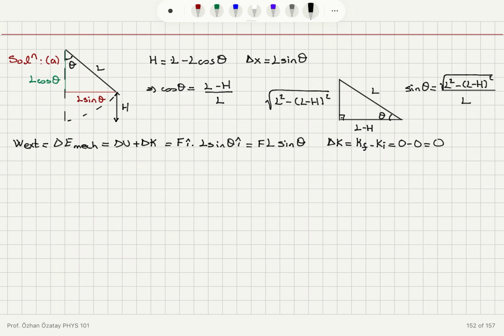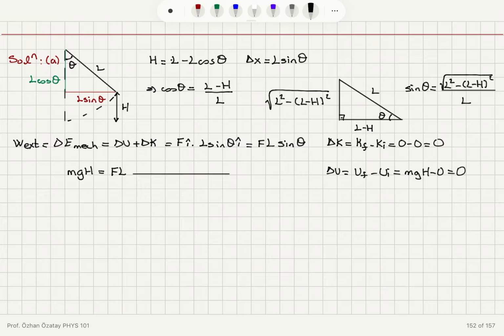On the other hand, the change in the potential energy, U final minus U initial, will be mgh minus 0. So I take the reference potential energy to be 0 at the bottom. So with that, the change in the mechanical energy, mgh, will be equal to the work done by this force, F L sine theta.